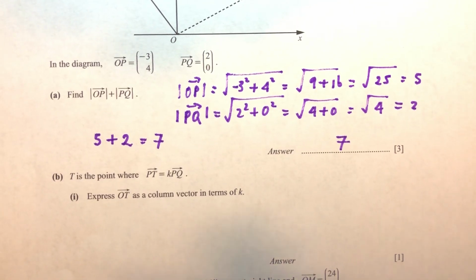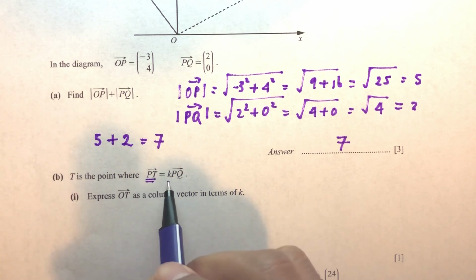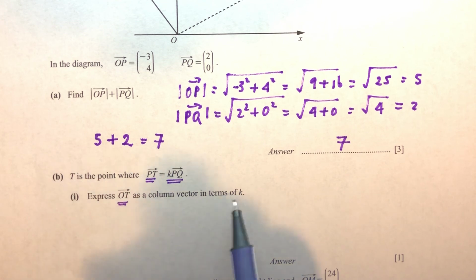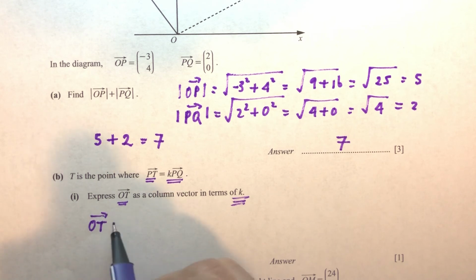We have T is a point where PT is K times PQ. Okay, so that is given to us. So now we have to express OT in terms of K. So we need to find OT. What is OT?